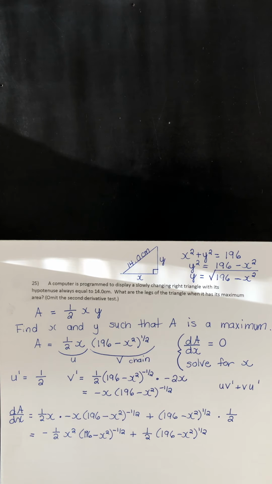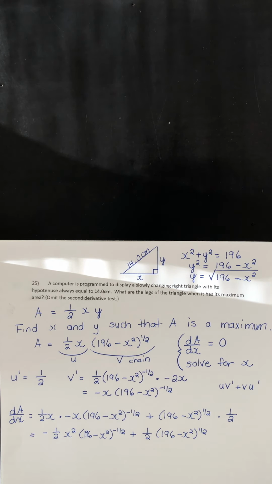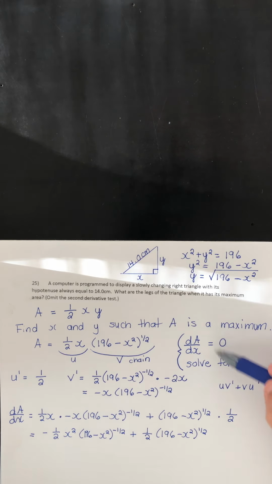So we could common factor this, or we can handle it a little like we did the first two questions instead. But the key, of course, is going to be that we set this equal to 0.